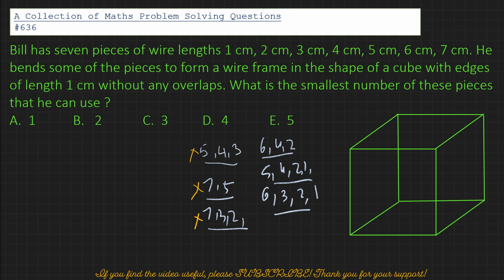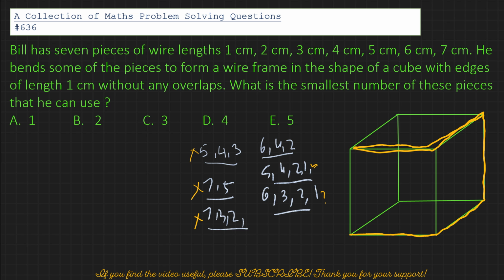So maybe I can try the 5, 4, 2, 1. Why don't I try that? 6 and 3, 8. That doesn't seem possible. Maybe try this, 5, 4, 2, 1. So if I try 5, 4, 2, 1, then 1, 2, 3, 4, 5.